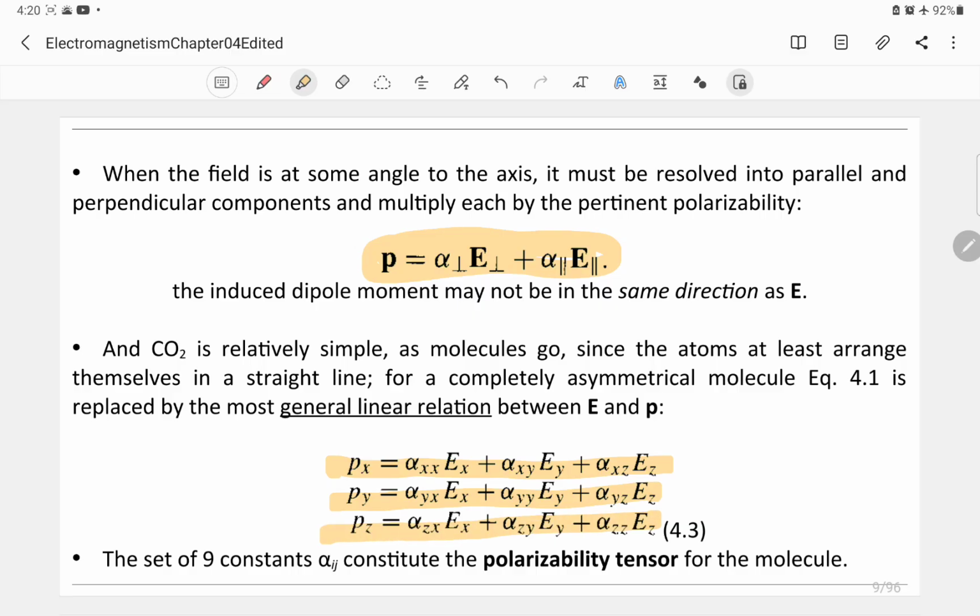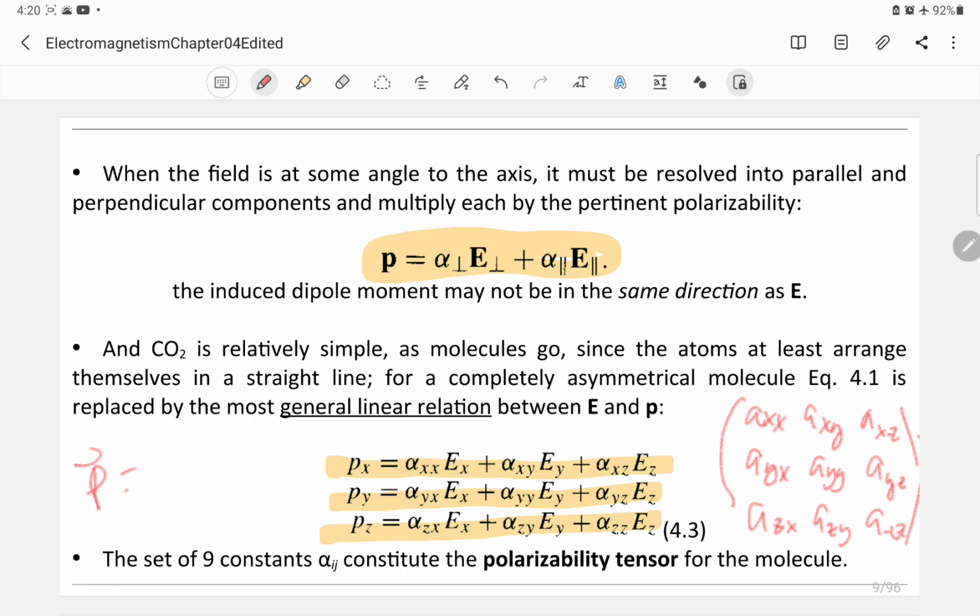So you will have a matrix looking like this to represent the polarizability tensor.